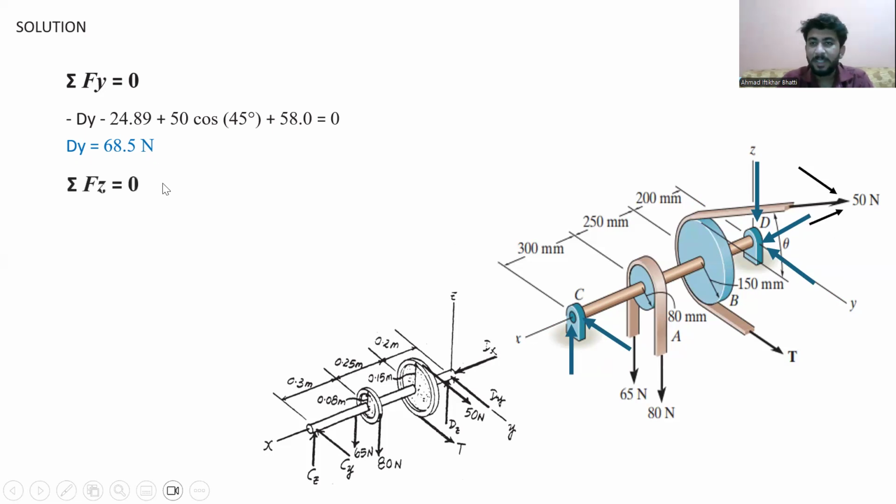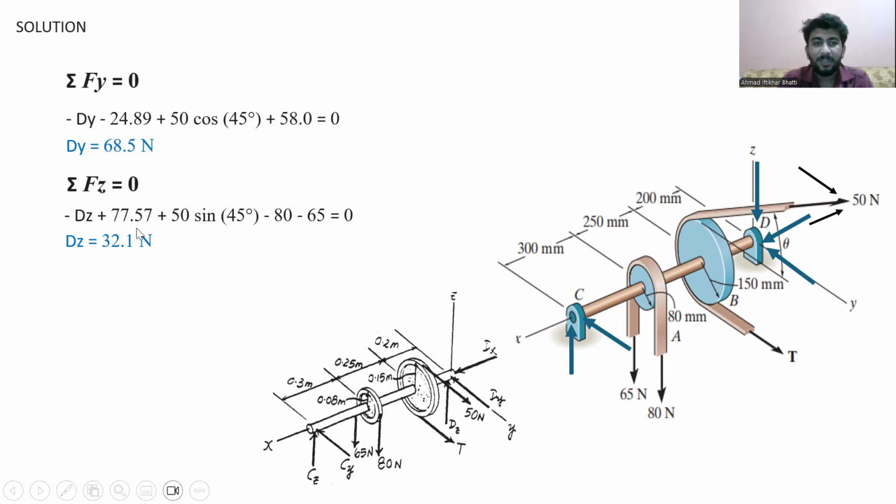And in case of the forces in the z direction, we have the negative DZ force, which is also a reaction force at bearing D. And we have the 65 Newton force and also the 80 Newton force, which are acting in the negative Z direction.